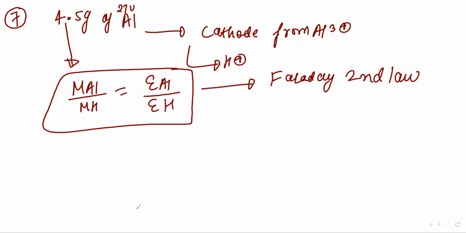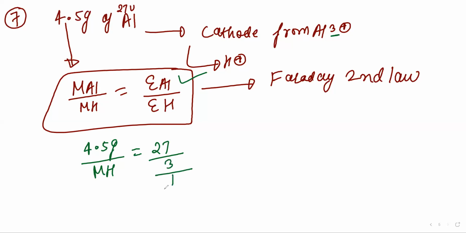Now put the value: 4.5 gram divided by the mass of hydrogen, which you have to find, is equal to the equivalent weight of aluminum, 27, with factor 3 because here 3 electrons are lost, divided by 3. And for hydrogen it will be 1 upon 1. Now calculate it. So this will be 9.